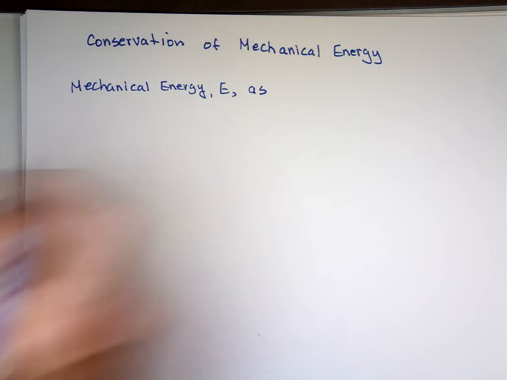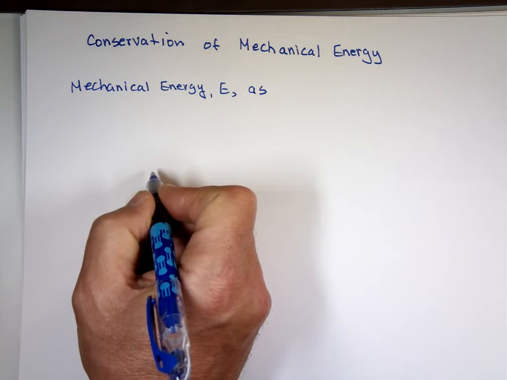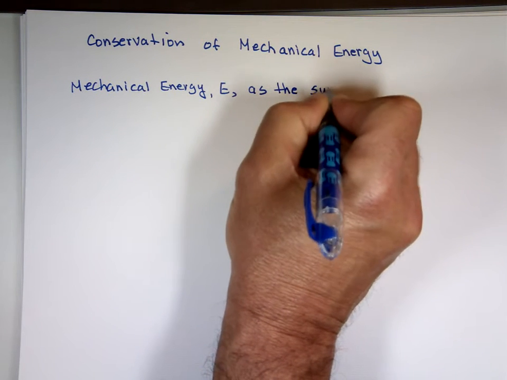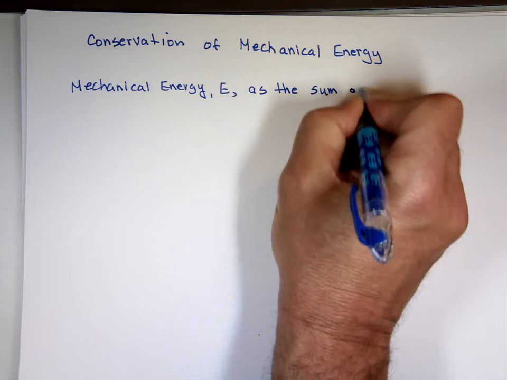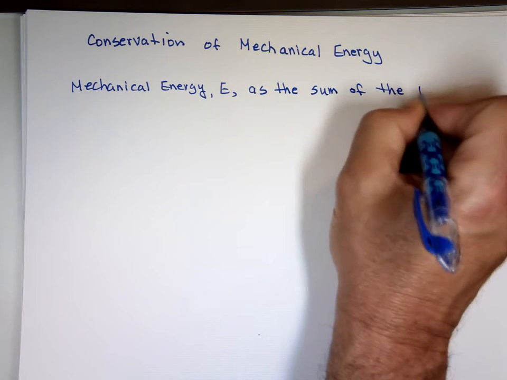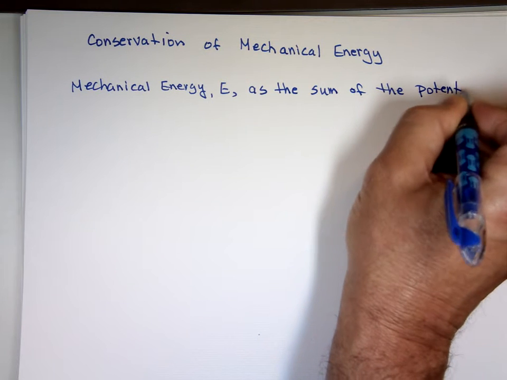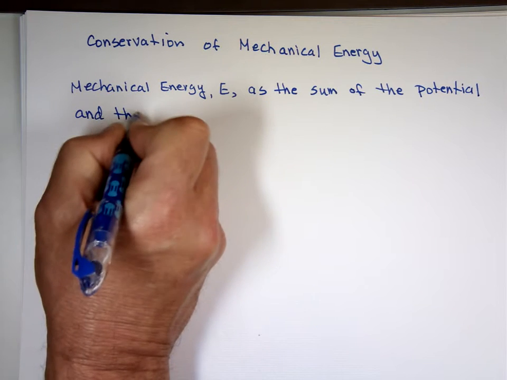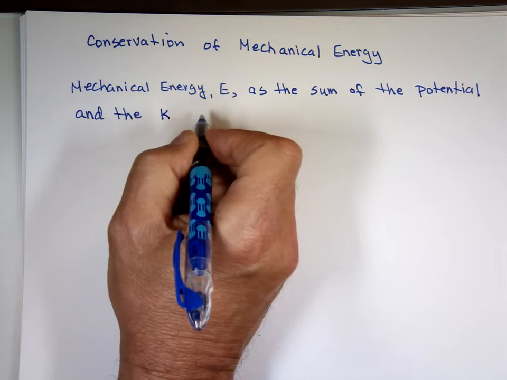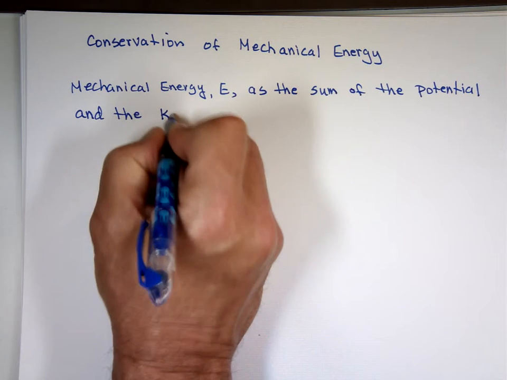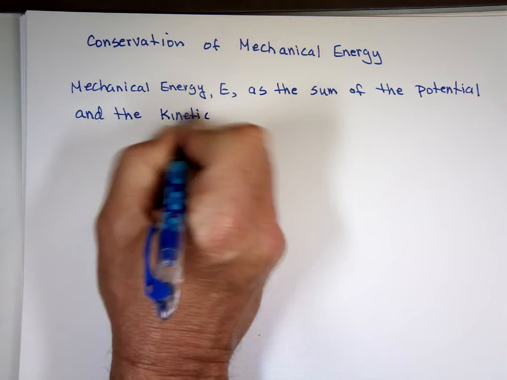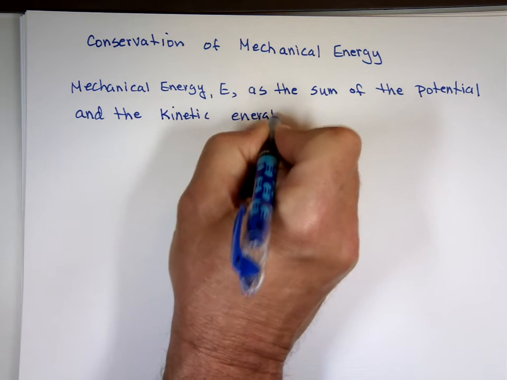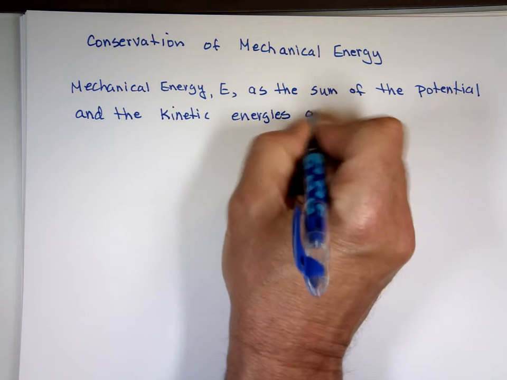So mechanical energy, we're going to use the letter E, is defined as the sum of the potential and the kinetic energy of an object.